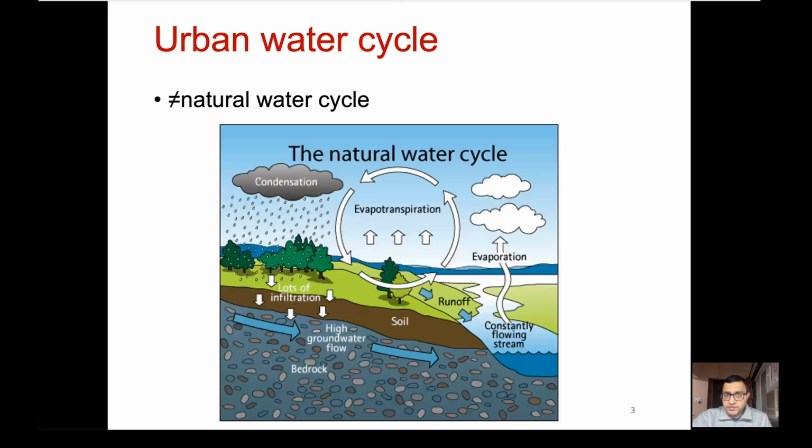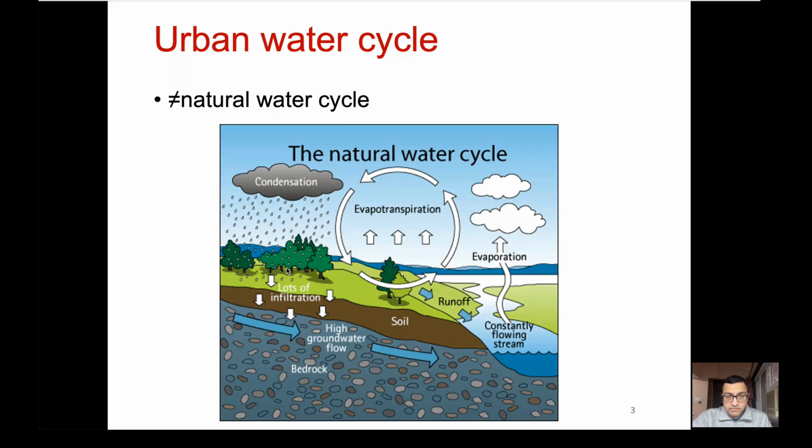So, urban water cycle. First, let's consider the natural water cycle. As you can see in this image here, the water evaporates, forms clouds, and then those clouds cause precipitation in the form of rain and snow.